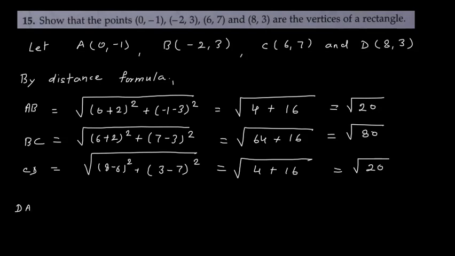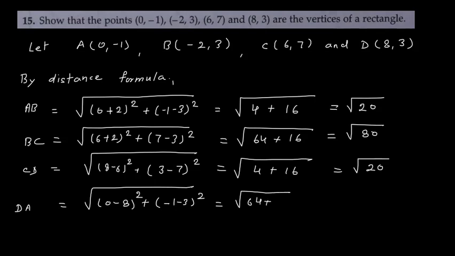And I have to calculate two diagonals also. DA is (0 minus 8) the whole square plus (-1 minus 3) the whole square. So 8 square is 64 plus 4 square is 16. So this will become root 80.